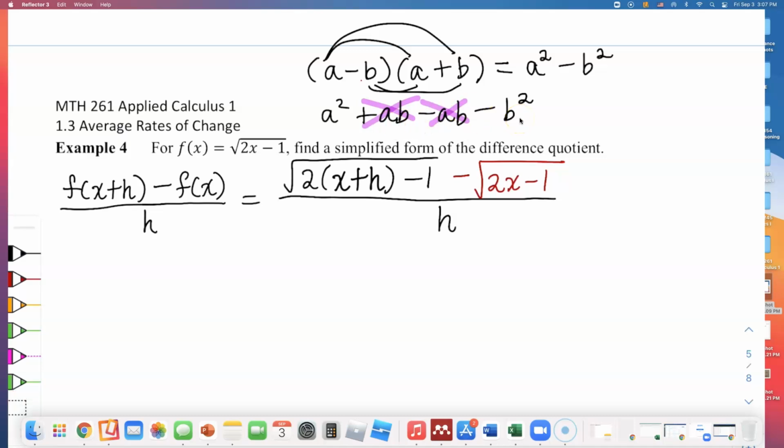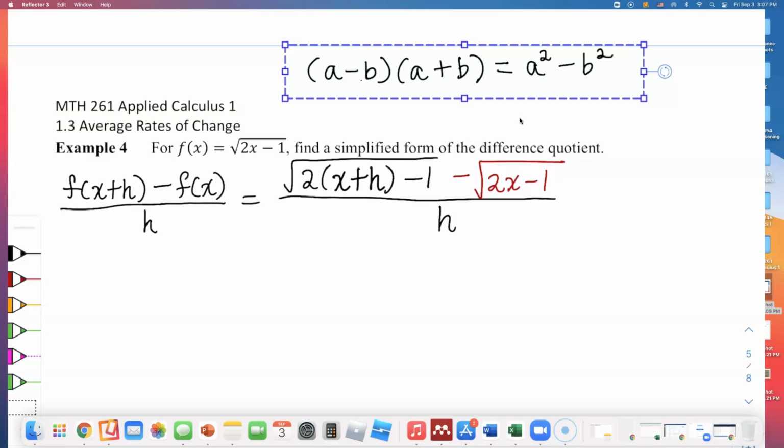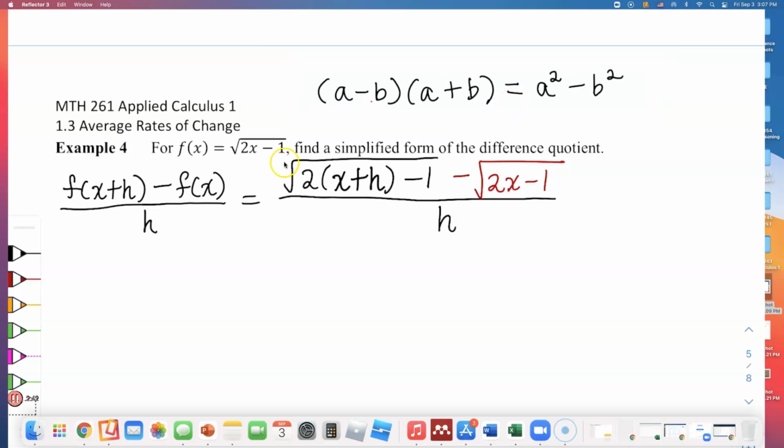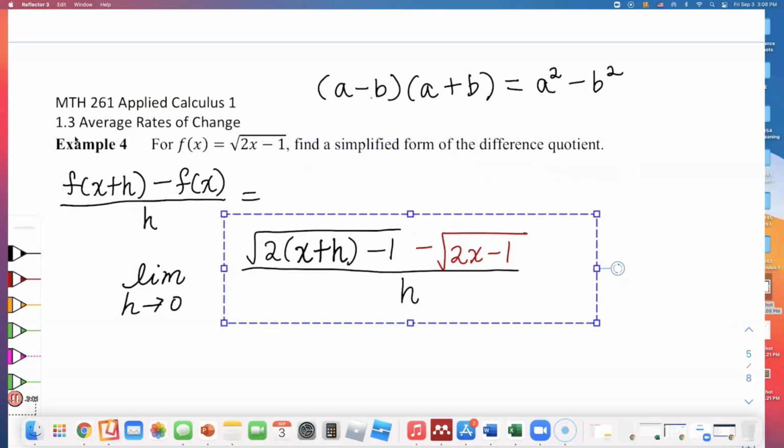Now, why does it matter in this problem? The goal of these difference quotient problems in section 1.3 is for us to be able to simplify the difference quotient to evaluate the limit of this difference quotient as h goes to 0. That's what we will be doing next week, in section 1.4, where we say limit as h approaches 0 of this difference quotient.